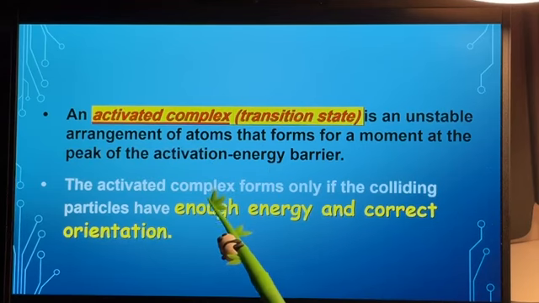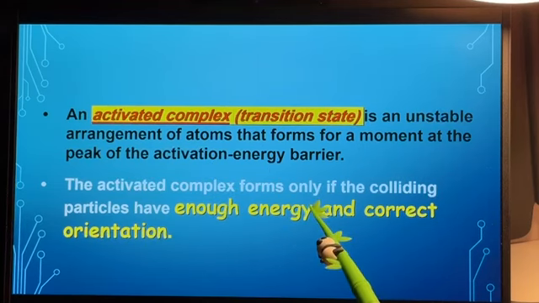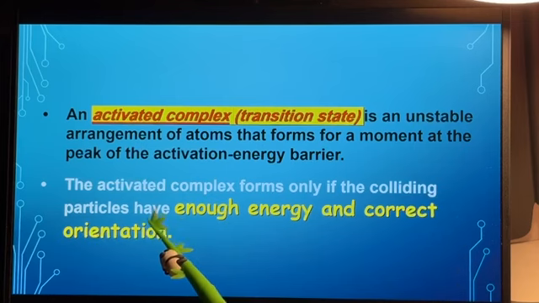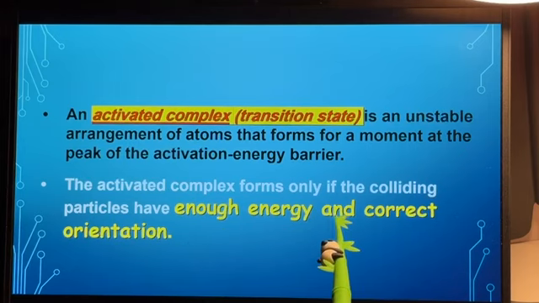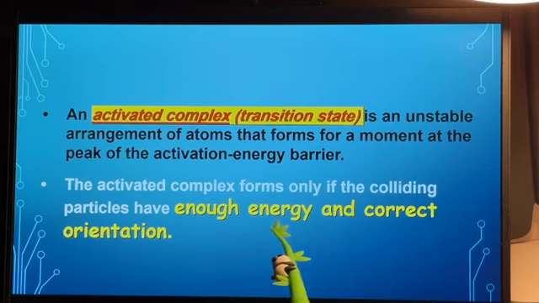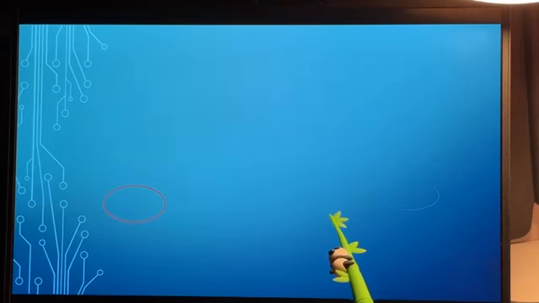The activated complex forms only if the colliding particles have enough energy and correct orientation. So, if my colliding particles do not have enough energy or correct orientation, they cannot form an activated complex.